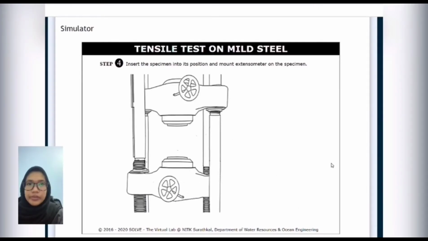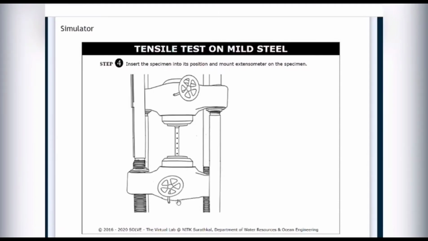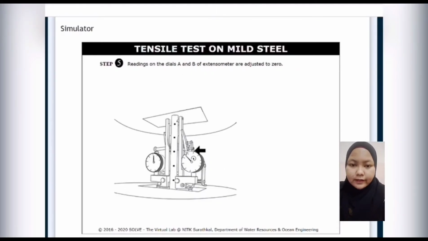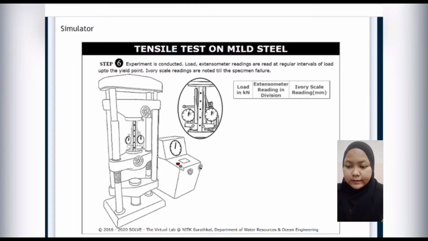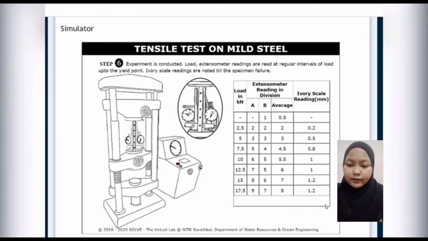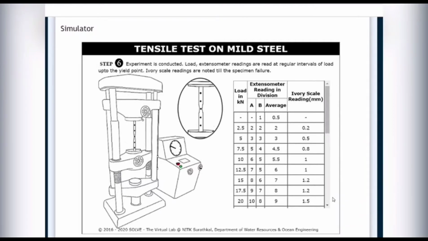Step 4. Insert the specimen into position and mount the extensometer on the specimen. Step 5. Readings on the dials A and B of the extensometer are adjusted to 0. The experiment is conducted. Load and extensometer readings are read at regular intervals of load up to the yield point. Ivory scale readings are noted till the specimen failure.